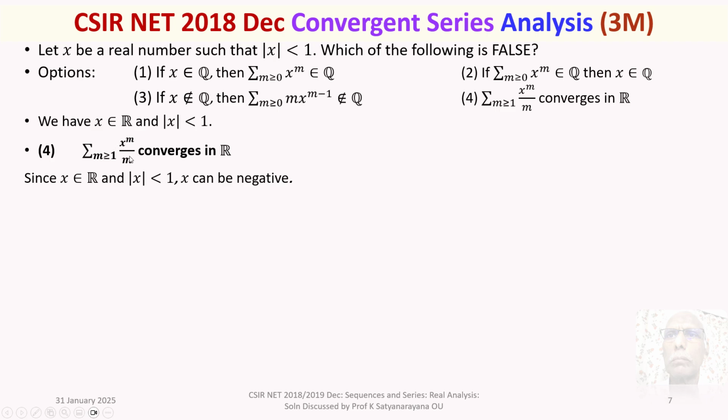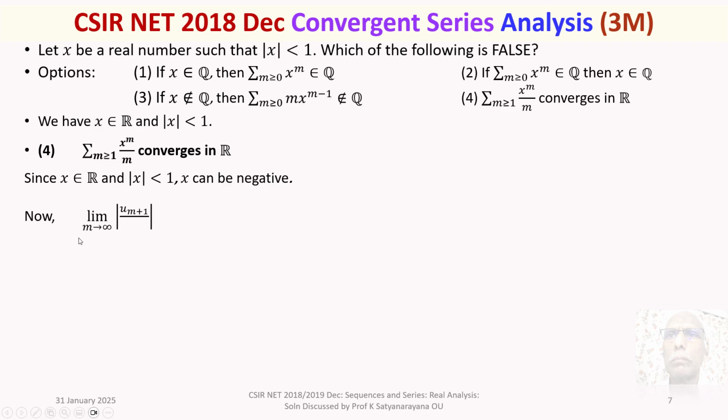When x is negative, the terms are positive and negative, and so on. Therefore, we cannot directly use the ratio test, which we normally use for positive terms. But the ratio test can still be used with modulus.